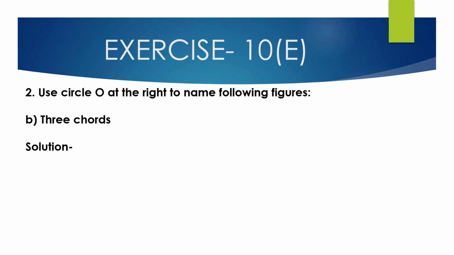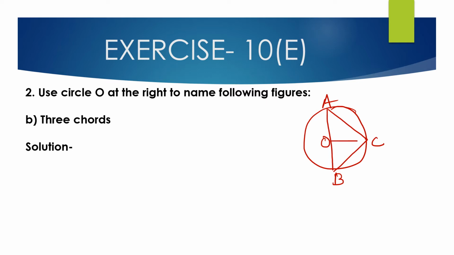Now second bit, 3 chords. First draw the figure, a circle, and this is the diameter. This is the center O, with OA, OB, OC. A chord is a line joining any two points on the circle.